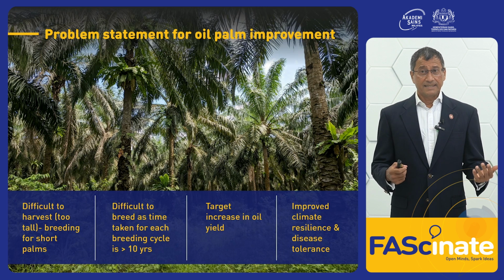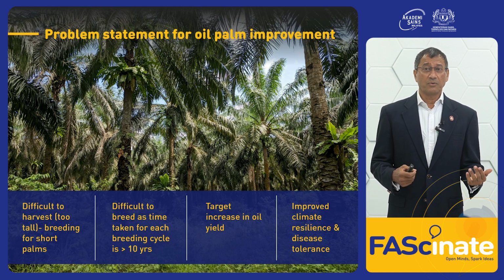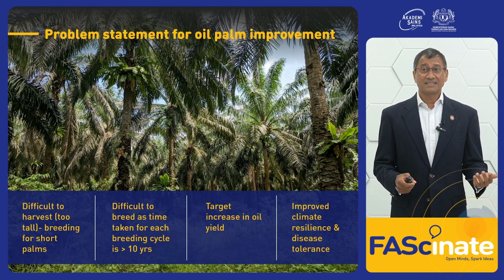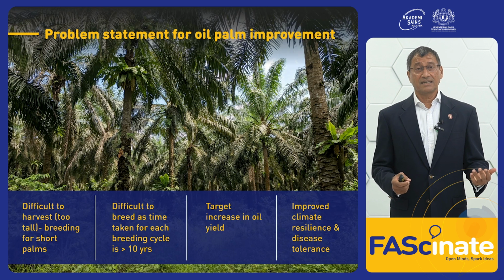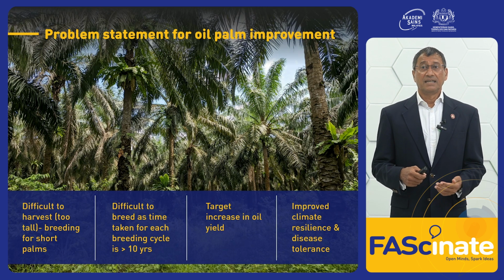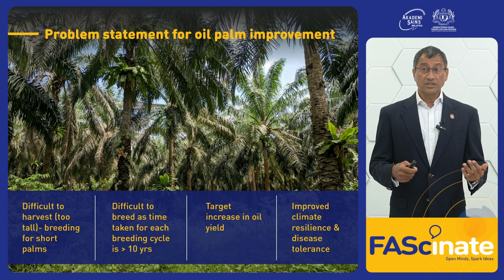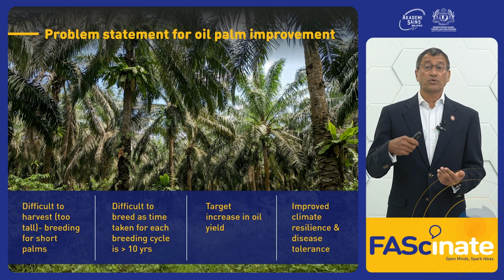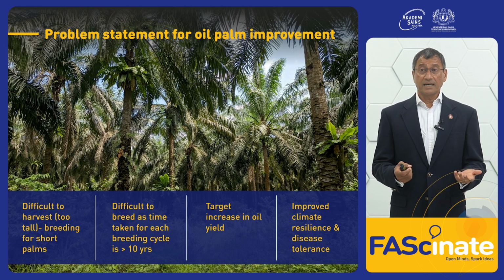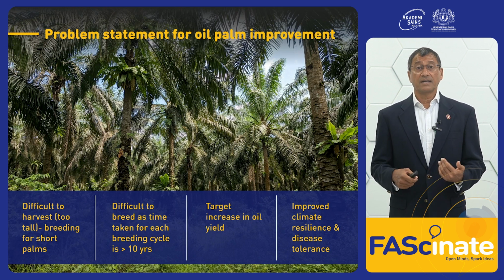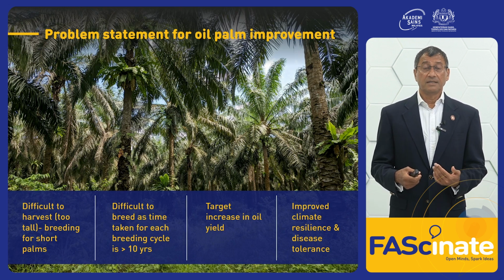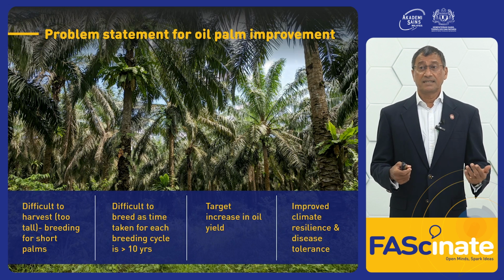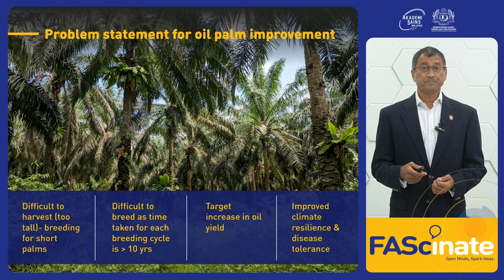Essentially, it's a difficult crop to work with because it's large. It has a long gestation time. Breeding time is more than 10 years. It is also difficult to work on because it grows tall. The targets that we have for improvement are obviously oil yield, but also climate resilience and disease tolerance.